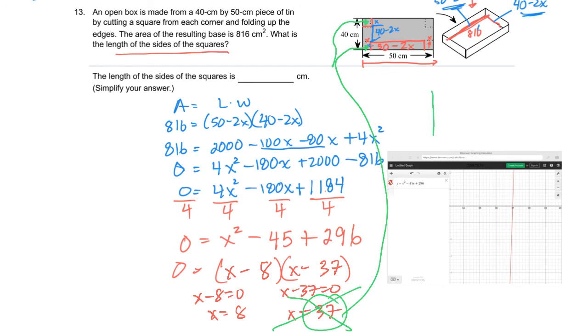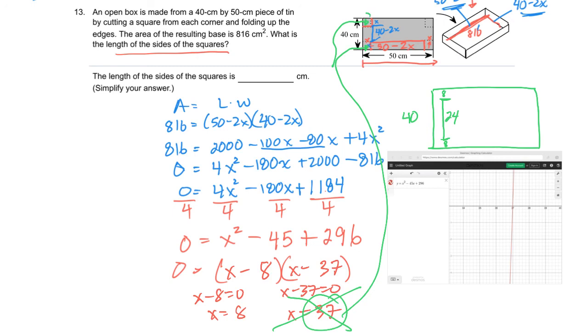So if I draw my box again, this side was 40, but when I cut that corner out, if this distance is 8 and this distance is 8, that's 16 off of the 40. So this total distance here would be 24. They say the length of the sides of the squares.